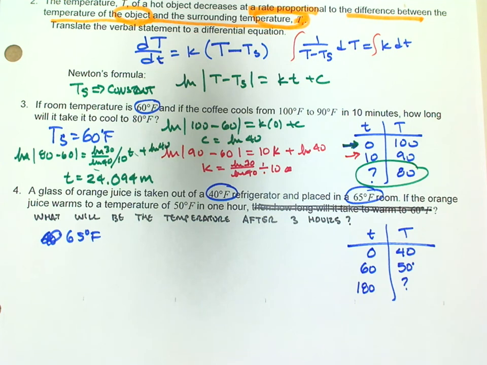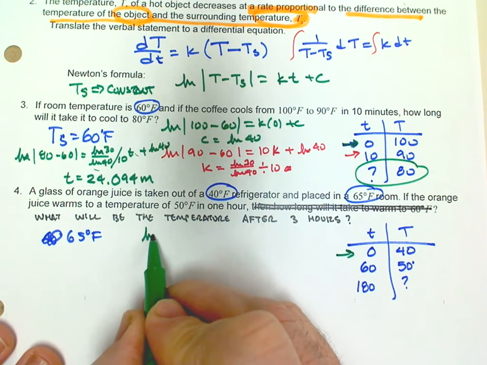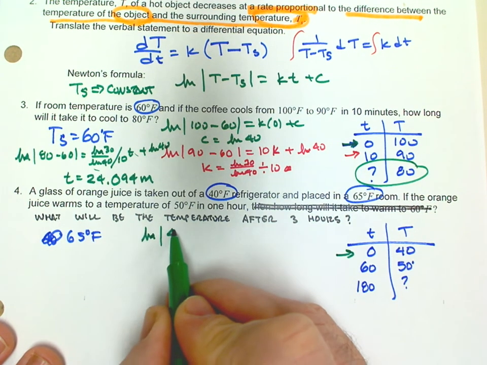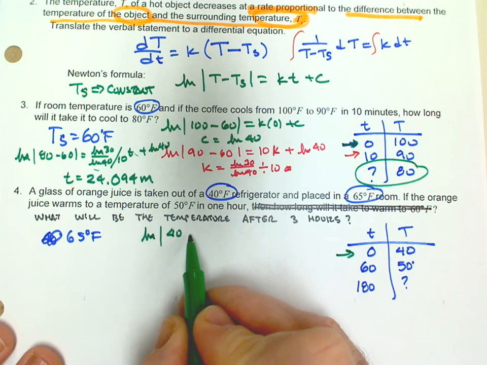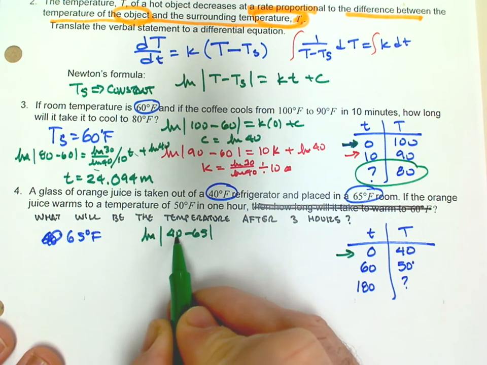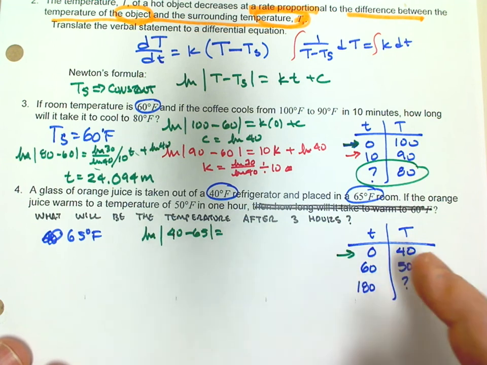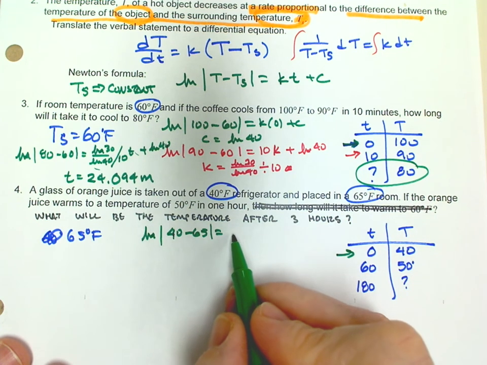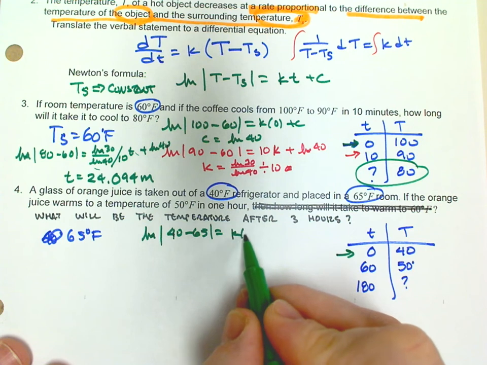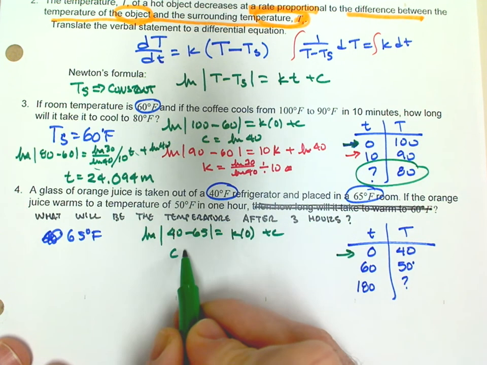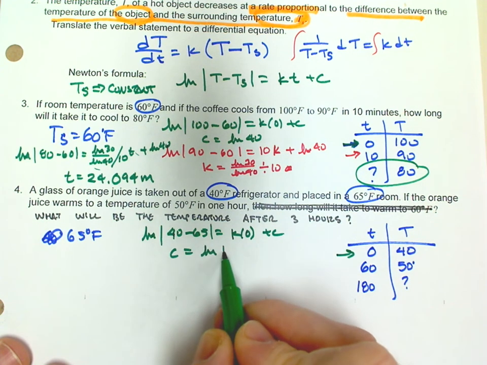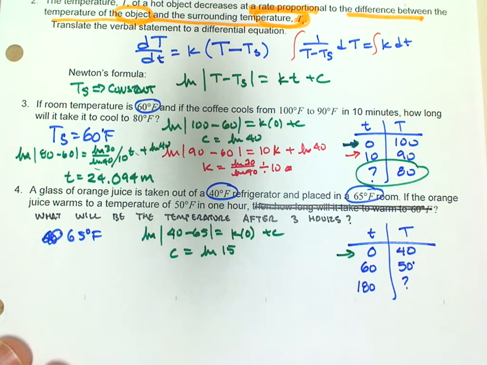So let's do the same thing we've done on the last one. We'll start out here with our initial conditions. That'll be the natural log of the 40 degree orange juice minus the 65 degree surrounding temperature. That's going to be 0, or K times 0 plus C, so C will equal the natural log of 15.